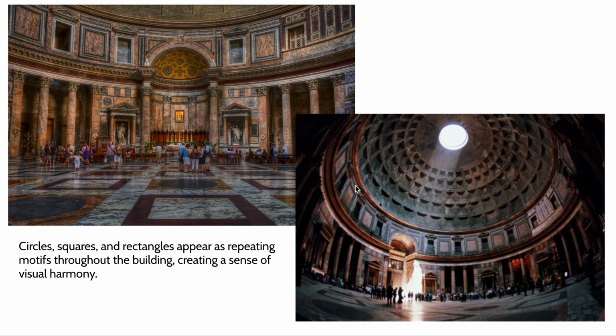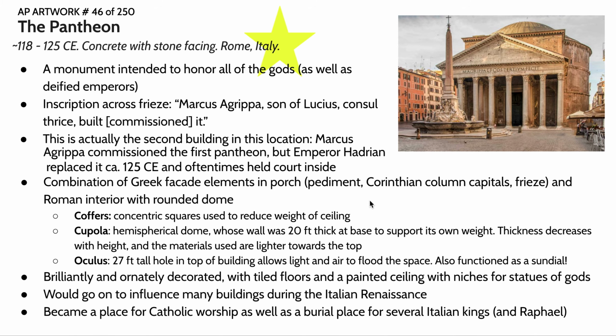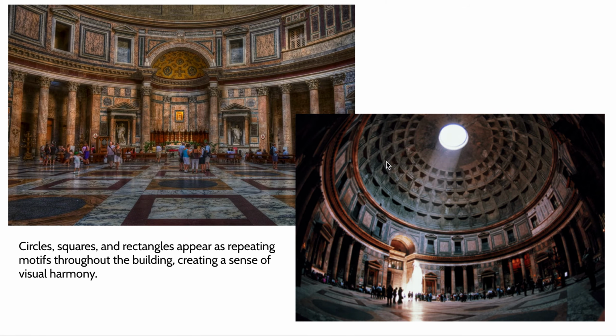And inside of the coffers, which are these squares that are on the inside of the dome right here, there used to be these little brass attachments that were kind of shaped like flowers that were placed within. So these coffers were basically these concentric squares that were intended to reduce the amount of material that was being used in the dome.